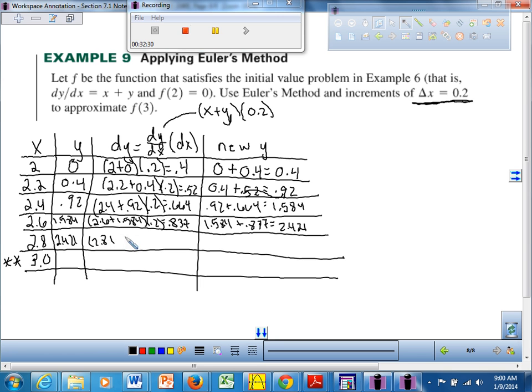And I'll get this up online also, so if you don't get it all down, it'll be online.